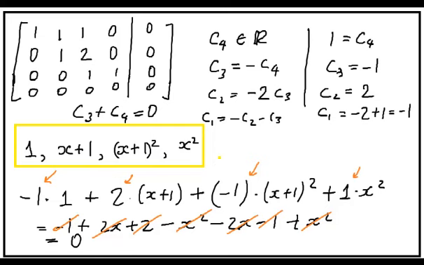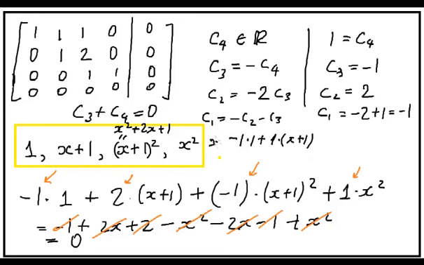You see, maybe it would help if we first expanded x plus 1 squared. So this is x squared plus 2x plus 1. And we can see now that we could kind of get the x out by combining x plus 1 and 1. So we could take minus 1 times 1 plus 1 times x plus 1.